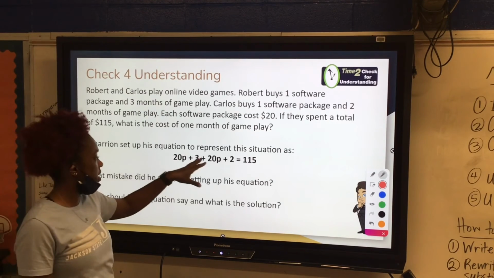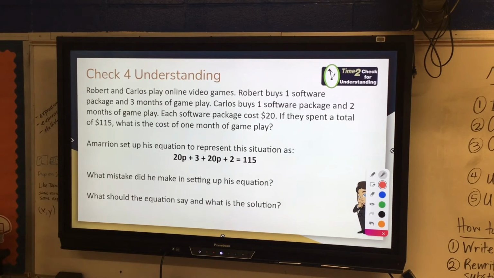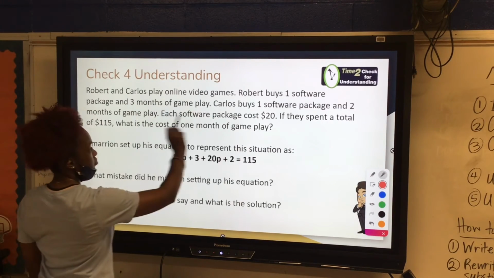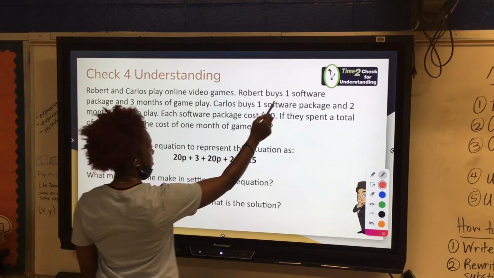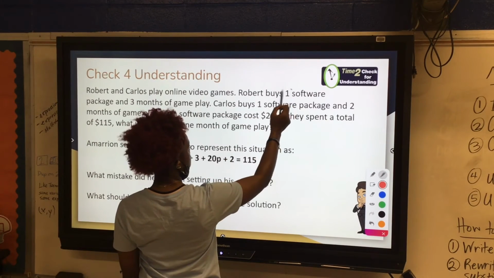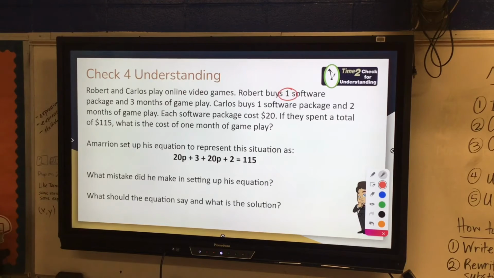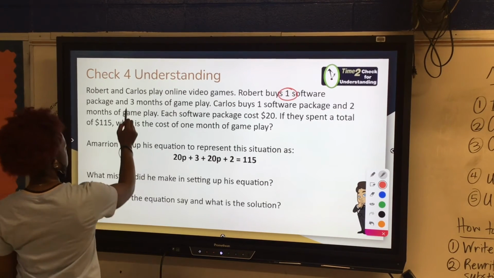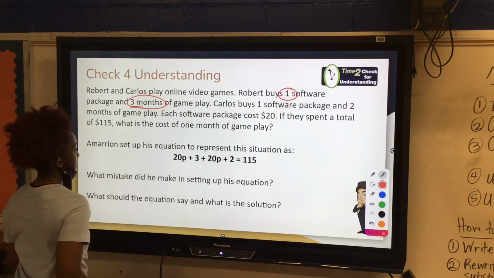Okay, Amarian set up his equation to represent this. Now, so we have Robert buys one software and 3 months of gameplay. Okay?